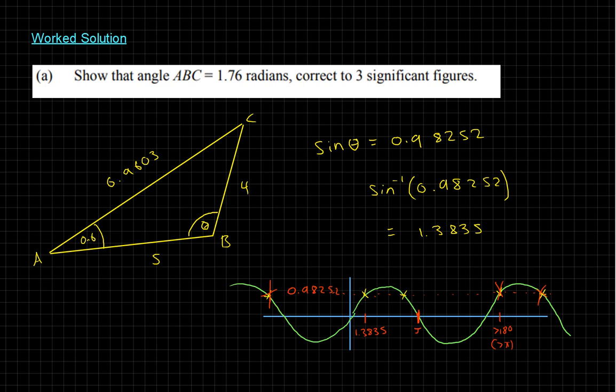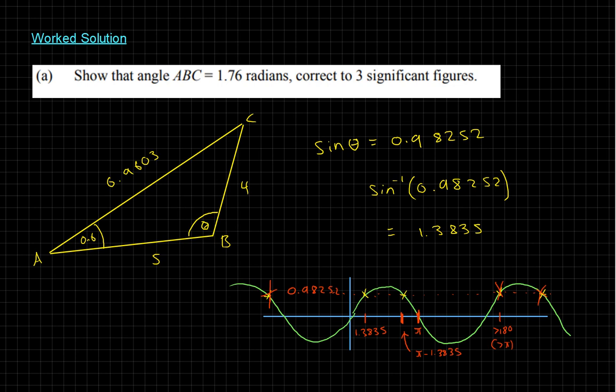That's at pi. So therefore, this point here for the second root, let me just draw an arrow, is going to be at the following position, pi minus 1.3835. Okay, standard sort of methods.